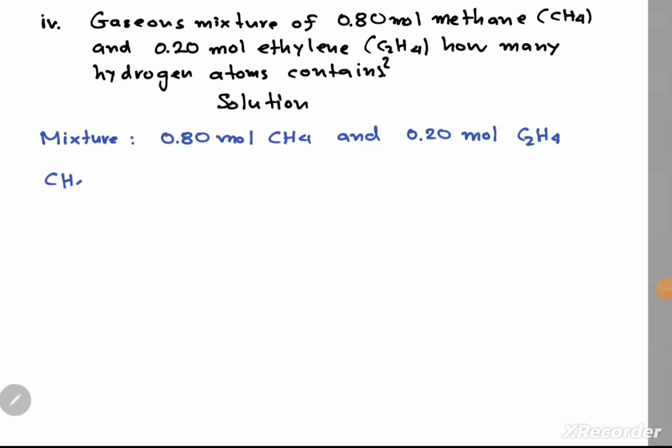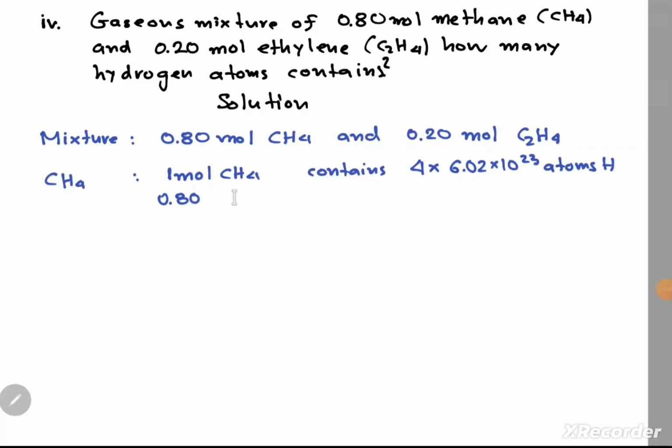First, for methane, we have the relationship: 1 mole of methane contains 4 times the Avogadro constant of hydrogen atoms. 0.8 mole of methane contains n1 atoms of hydrogen.